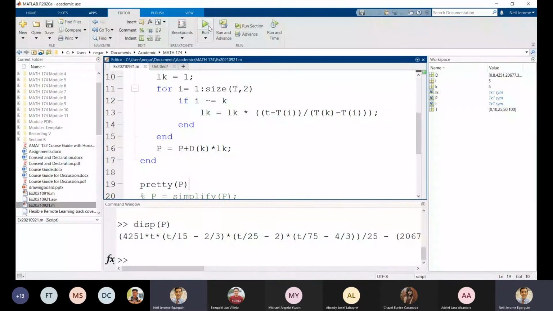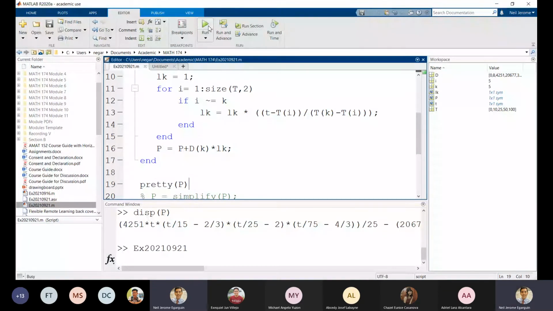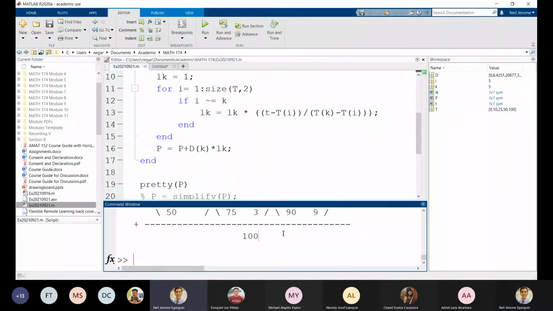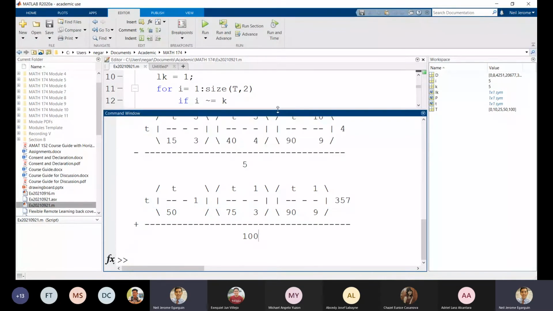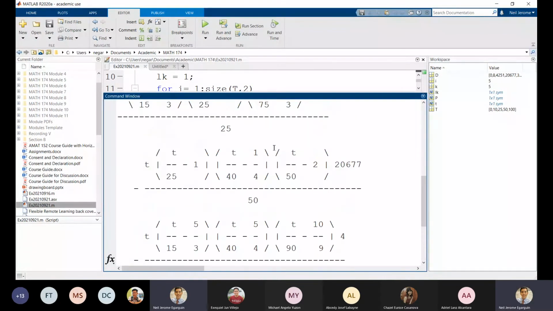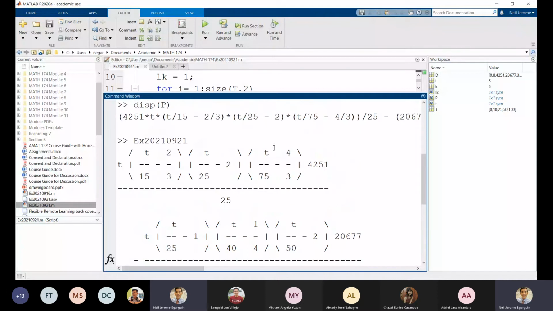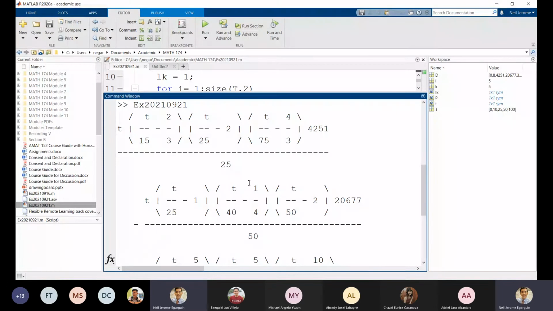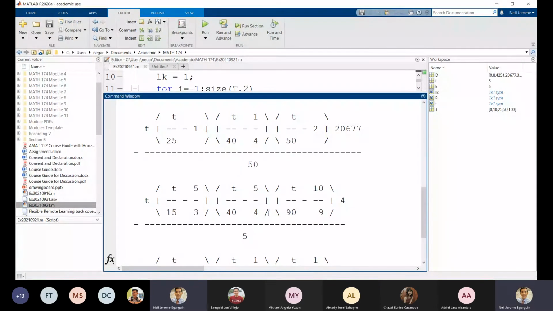So ibig sabihin ito siya. So ito yung first term minus the second term minus the third term plus the fourth term. But of course, this is not still so very good for us. Marami ka pa rin kokopyahin. You can also ask MATLAB to simplify the expression.